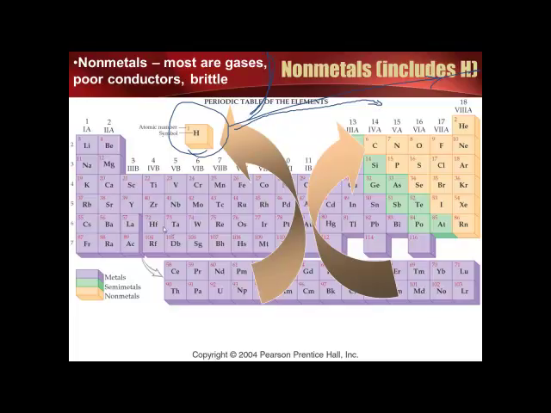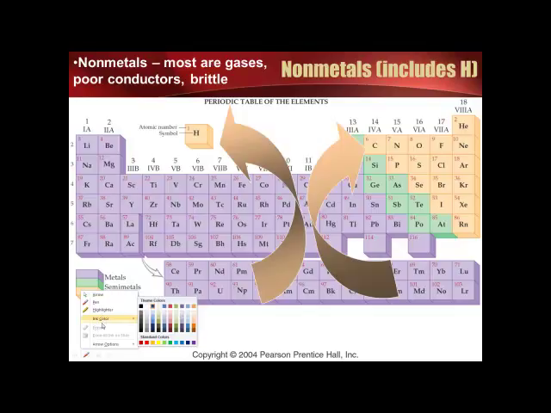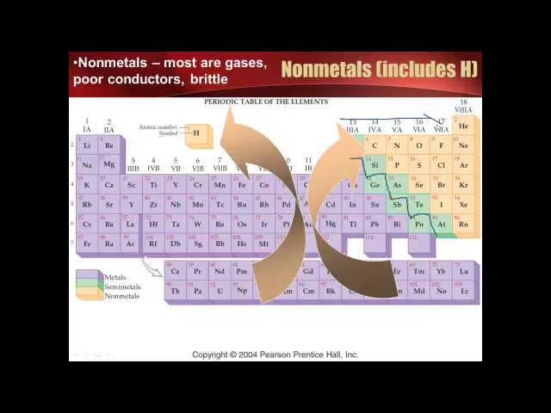But we're going to see again later why it gets included on the left-hand side. There's reasons for each. And again, that stair step line is going to help you tell things to the right of the stair step are your nonmetals plus hydrogen. So that's what you want to watch for.